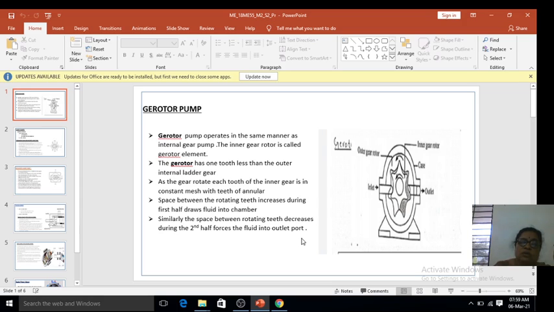That is, the G-rotor pump operates similar to the internal gear pump. It has a small inner gear rotor called the G-rotor element.